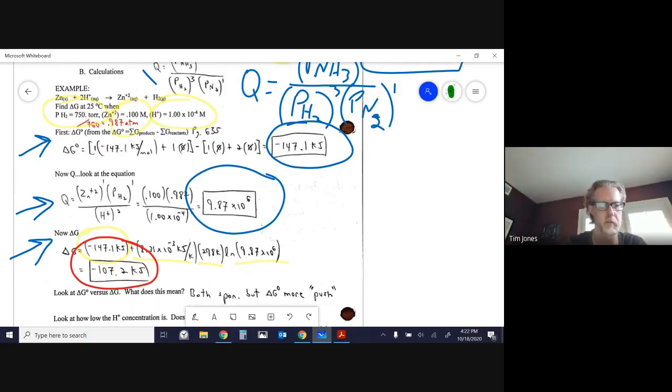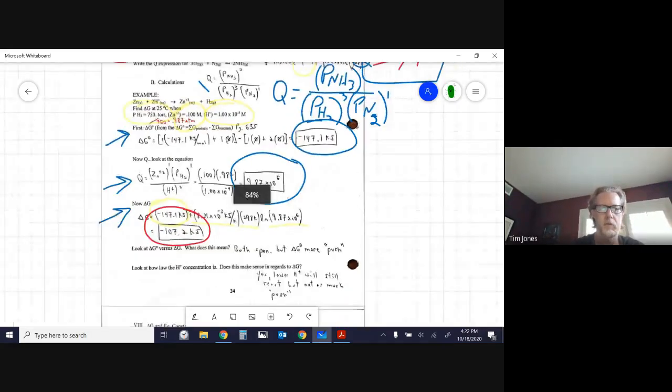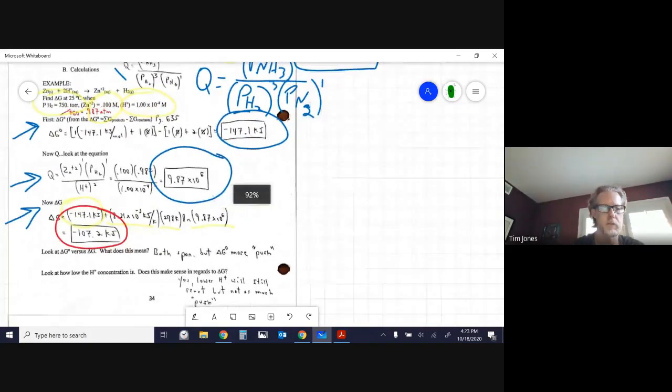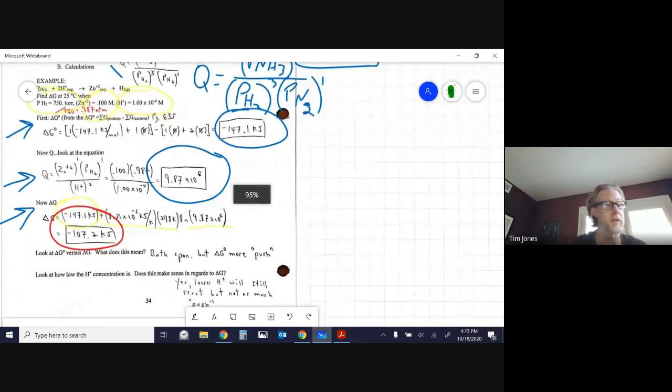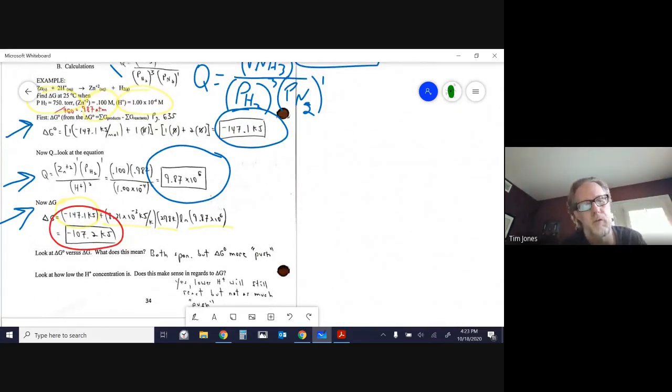Now that we're continuing, if you look at the delta G naught value versus delta G, they're both negative, so they're both spontaneous or thermodynamically favorable, but the one at standard conditions is more negative.